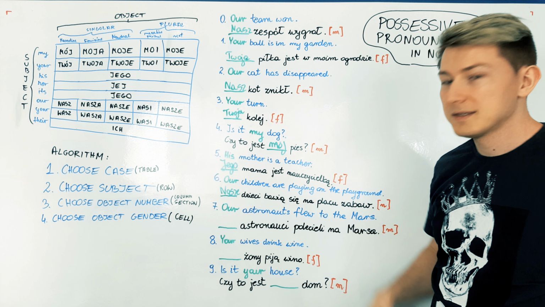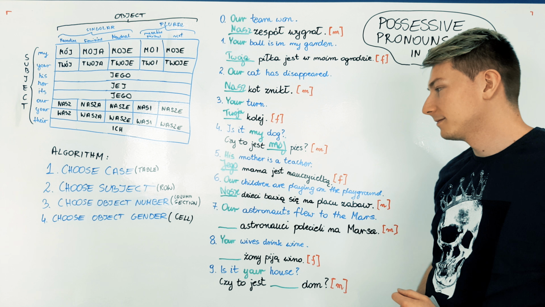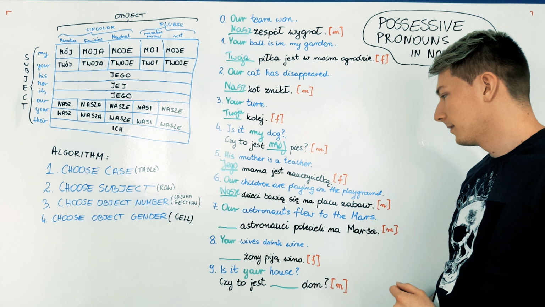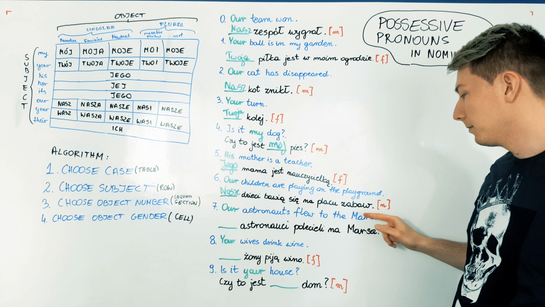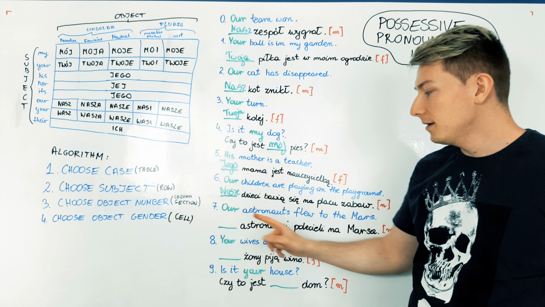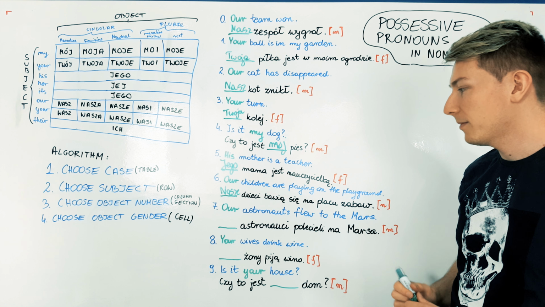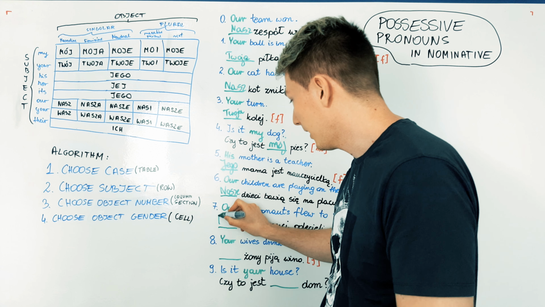Okay, the next sentence, try it. Our astronauts flew to Mars. Nasi astronauci polecieli na Marsa. Nasi.